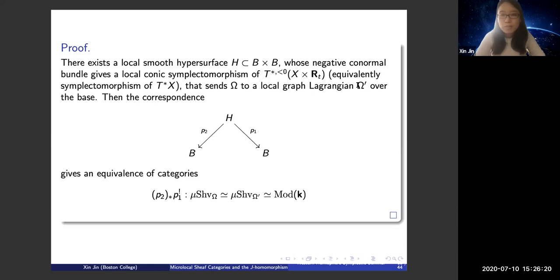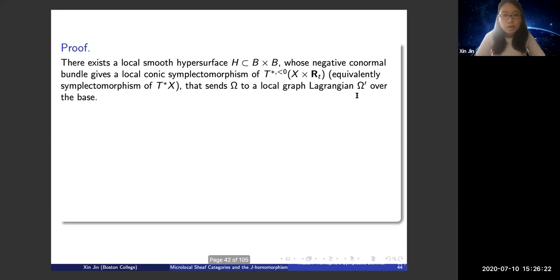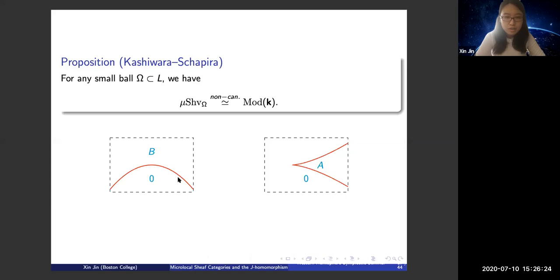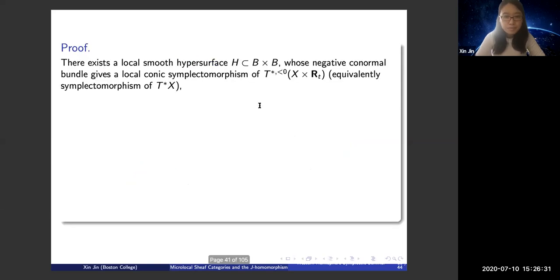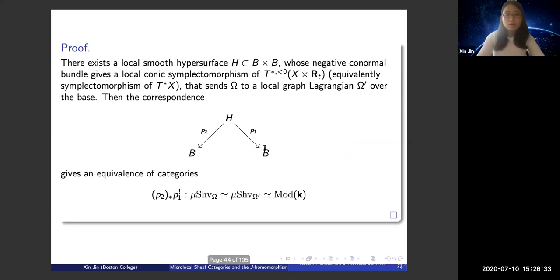But this omega prime is very nice. It's a standard picture like this. So you have a natural way to identify it with mod K. So that's how you prove that this mu sheaf of omega can be identified with mod K.